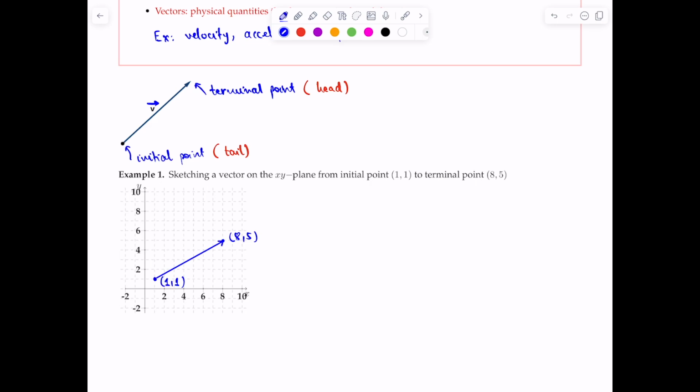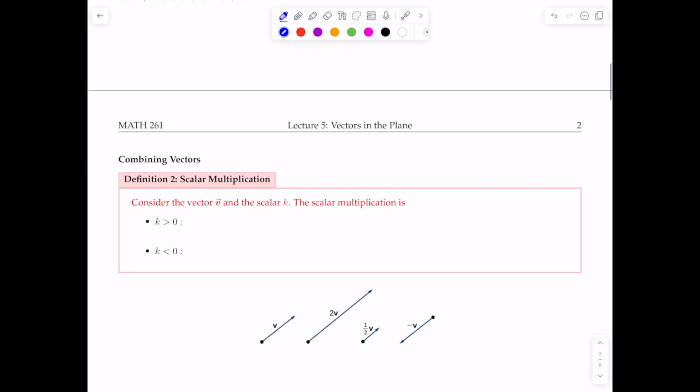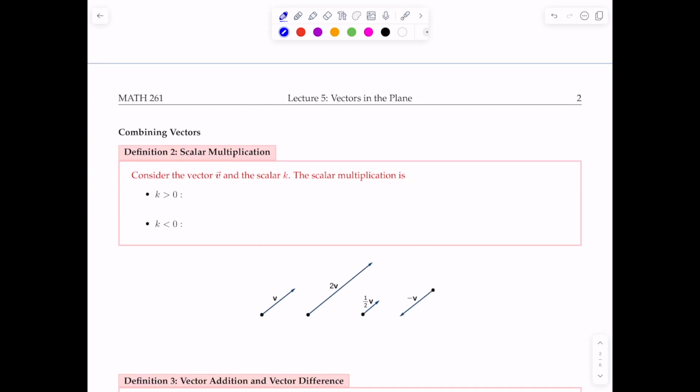With this information, the arrowhead is at (8, 5), and that's how you plot a vector in the xy plane. Now, moving on to another topic here, combining vectors. You can perform some operations on a vector, including scalar multiplications, vector additions, and vector difference.